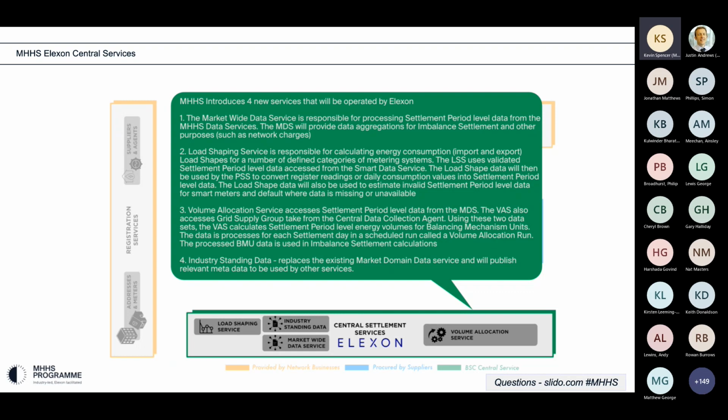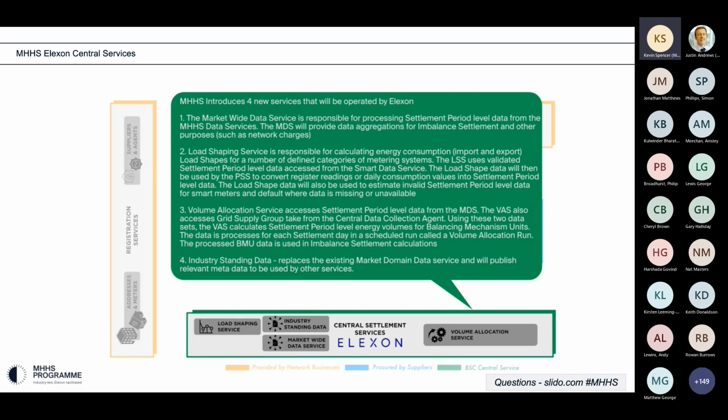The volume allocation service will take the data provided by the MDS, and certainly during transition, it might be processing that data alongside data provided by actual data aggregators. And it will add up all of that data by suppliers and by supplier BMU, balancing mechanism units.